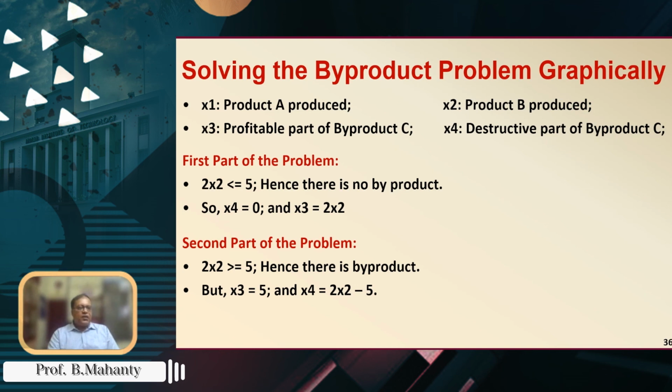Once again, when 2x2 is less than or equal to 5, there is no destructive part of the byproduct, so x4 equals 0 and x3 equals 2x2. And when 2x2 is greater than or equal to 5, there is a destructive part of the byproduct, but x3 will be 5 because that is the maximum number of profitable units, and the rest would be x4, that is 2x2 minus 5, because x3 plus x4 equals 2x2.